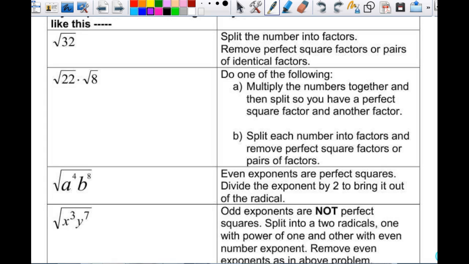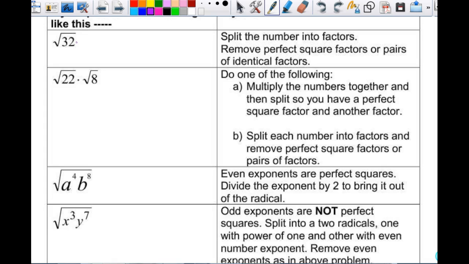Now, on this one, we could do the tree, 100%. There's not a whole lot of room, so we're not going to. But do you know what a perfect square is that divides into 32? 16. Okay, 4 is also, but it's not the biggest perfect square. So sometimes when you don't pull out the biggest one, it's simplified, just not simplified all the way.